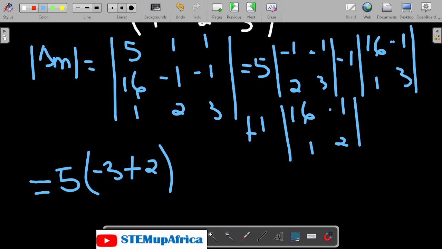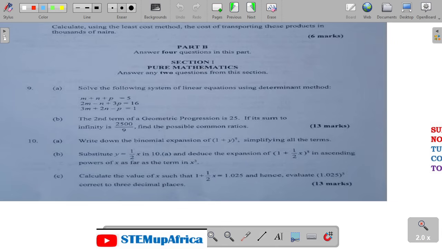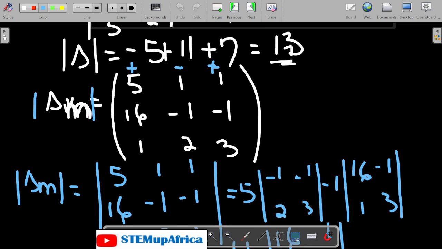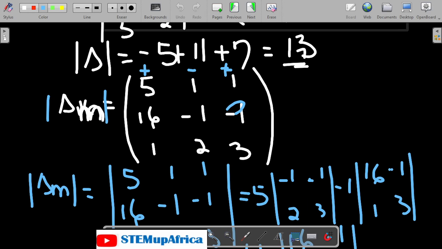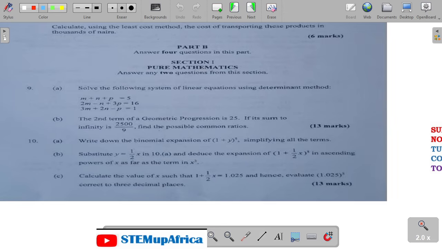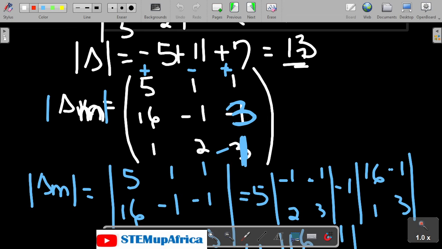Here is 3, minus 1. So here is supposed to be 3. Take note from the equation: we have 3 here and minus 1. So it was a mistake.